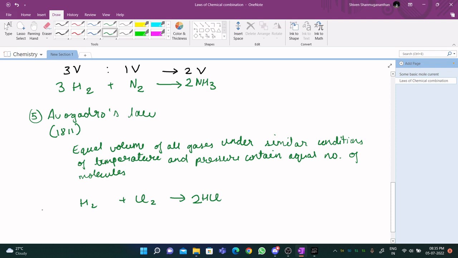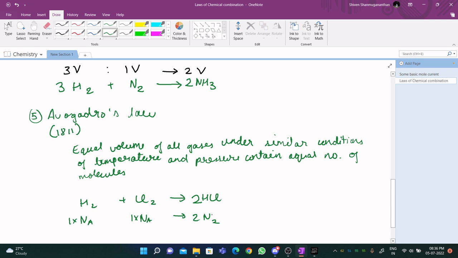So, with Na, 1 mole of this plus 1 mole of this will give you 2 moles of this. Again, it will have combined in a definite ratio.